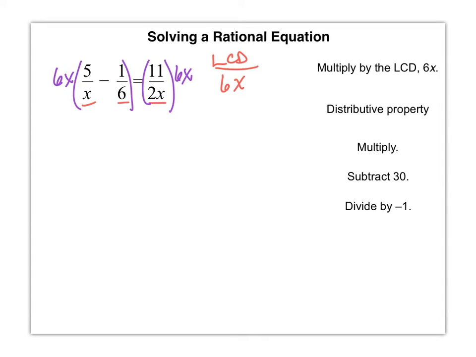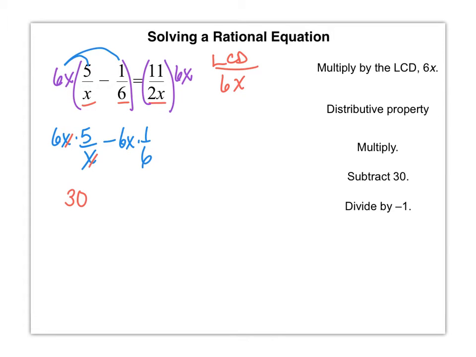Let's distribute the 6x to each term on the left side, and we have 6x times 5 over x. That can be simplified because the x terms will divide out and you'll get 6 times 5, which is 30. Now if we distribute 6x times the 1 over 6, and I'm putting the minus there, minus 6x times 1 over 6.